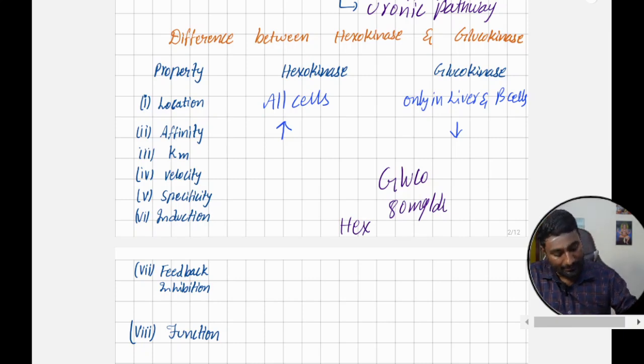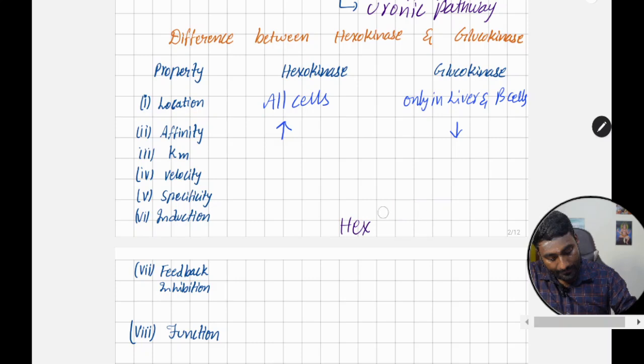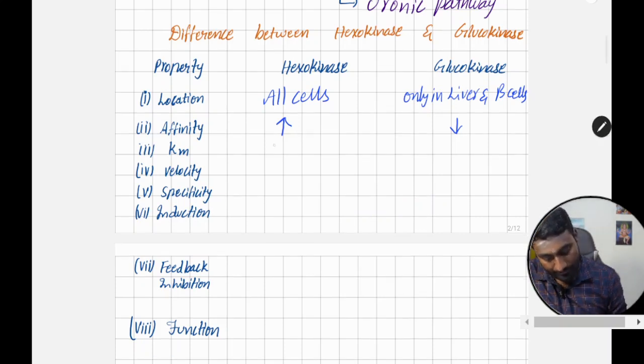Okay, now what about Km? Affinity and Km are inversely proportional to each other. If I am telling you that affinity and Km are inversely proportional, more affinity means less Km. Here, less affinity means more Km.